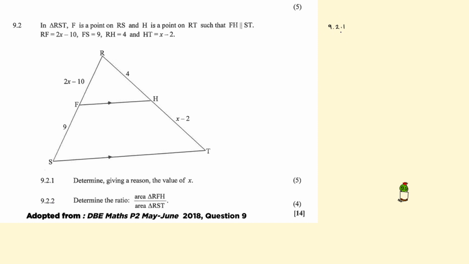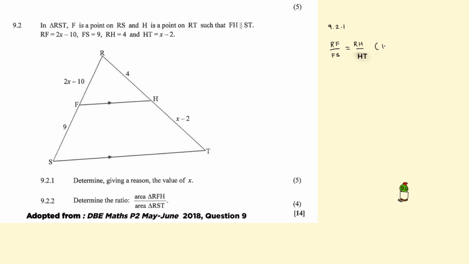Okay, so for question 9.2.1, you immediately state that RF to FS is in the same ratio as RH to HT.